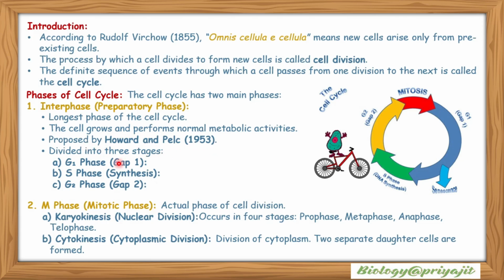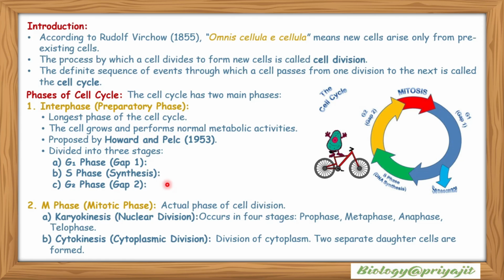This phase can be divided into three main stages: G1 phase or gap 1 phase, which is responsible for cellular growth and protein synthesis. Then it is followed by S phase or synthesis phase, which is characterized by DNA and RNA synthesis and duplication of the centrosome, which is followed by the G2 phase, which is again another phase of cellular growth and protein synthesis.